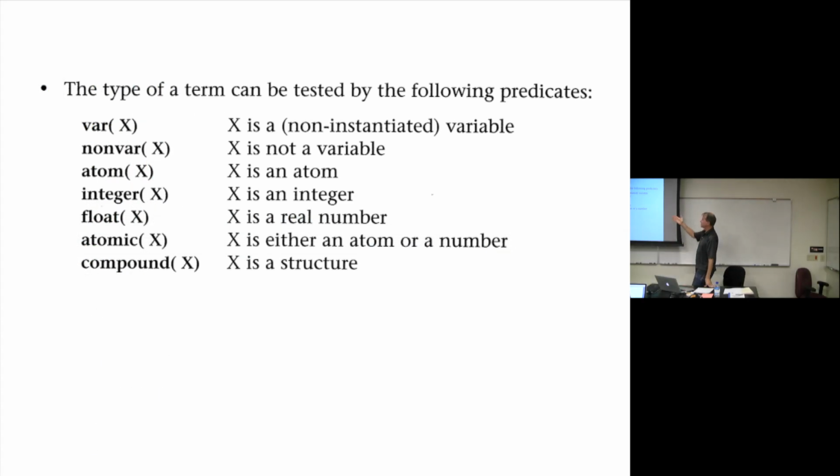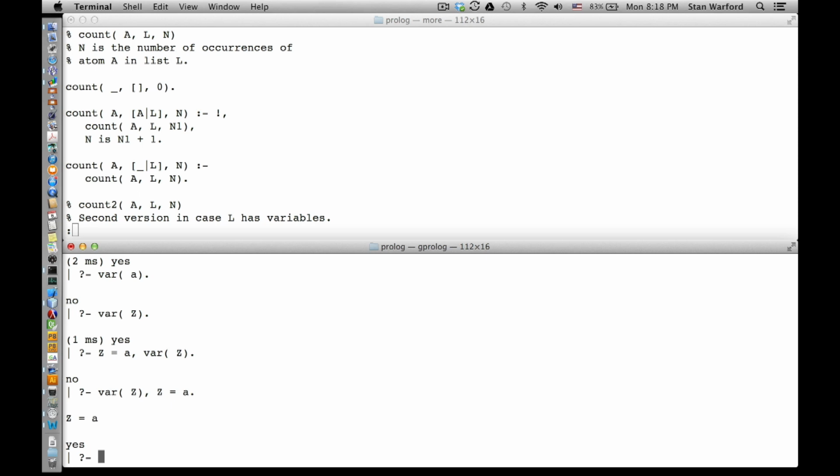Take a look at the second one. It says nonvar, and nonvar(X) says X is not a variable. So let's predict some nonvars. nonvar(a), lowercase a, and what do we have here? Yes, excellent. And nonvar(Z), and what do we have here?